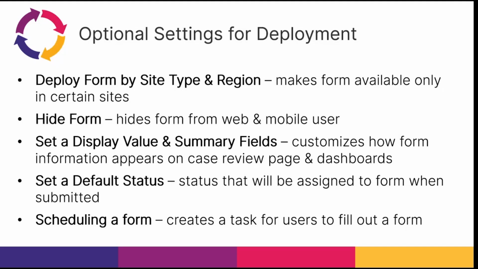Or for example, you have 2 types of sites. Maybe you have an IDP site, but you also have a collective center, and certain activities are only done in the collective center. So in that case, you might make certain forms available by site type. And you can obviously update and change that whenever to customize how forms appear to users.